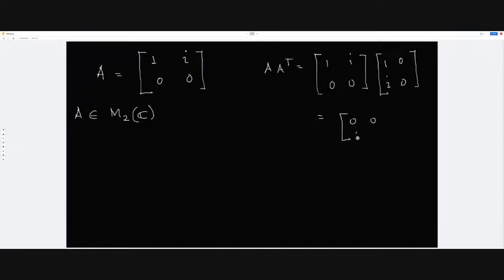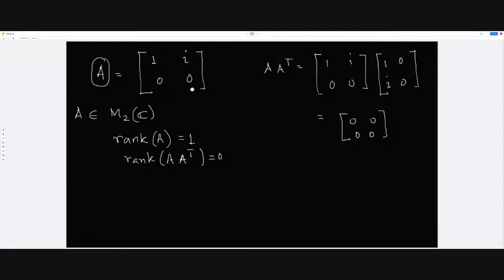It's the zero matrix. But individually, the matrix A has rank 1, so the rank of A is 1, but the rank of A into A transpose is 0.